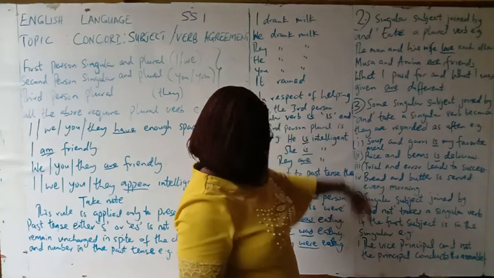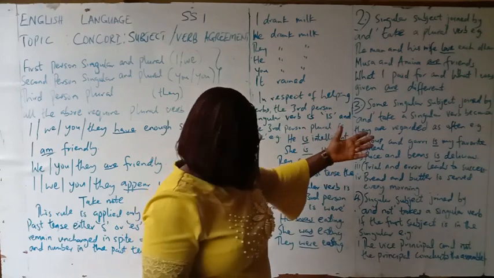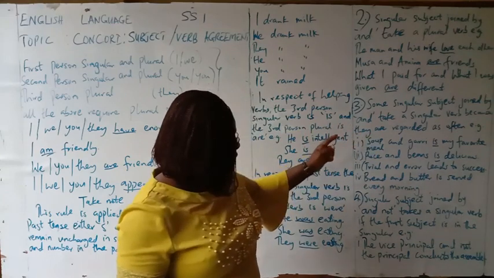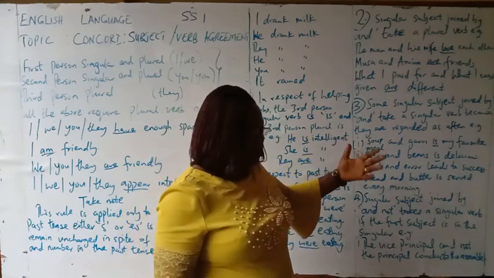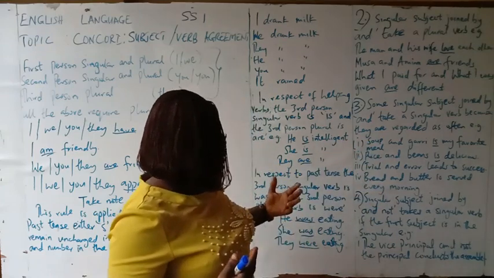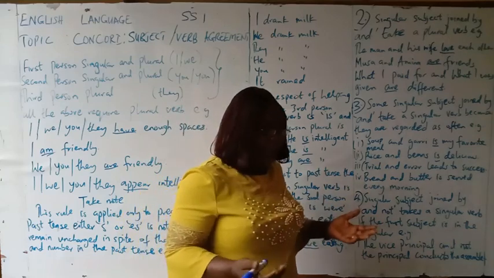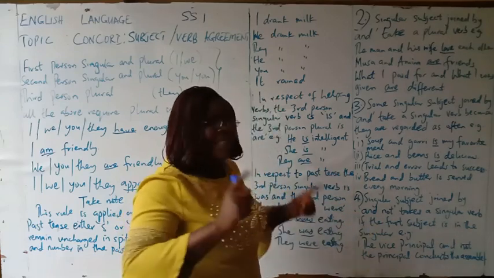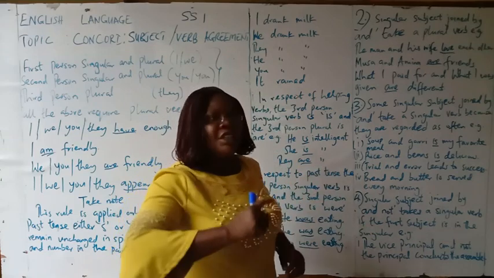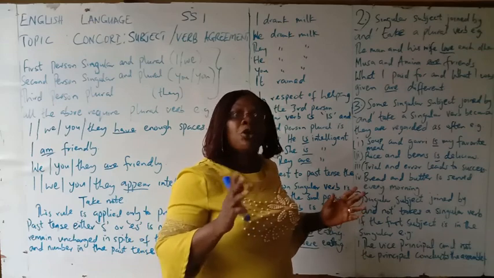The third point, the third rule, says some singular subjects joined by "and" take a singular verb because they are regarded as one, or they are often used together. You know, when you hear that once two singular subjects are joined by "and" it should take a plural verb, not all of them.